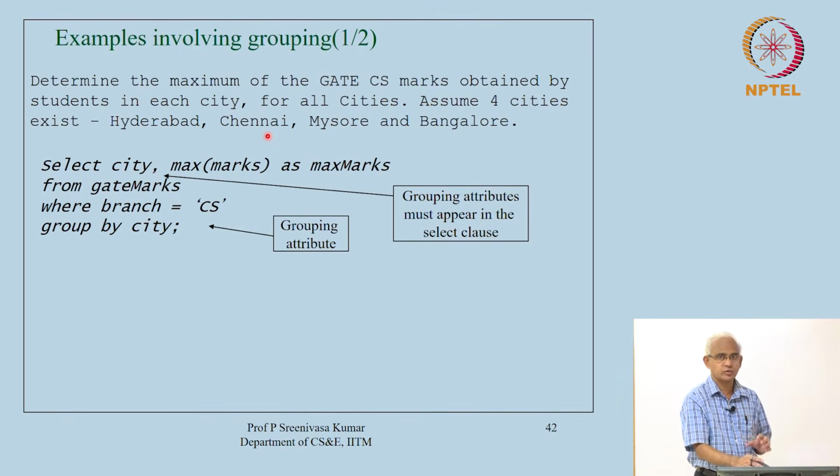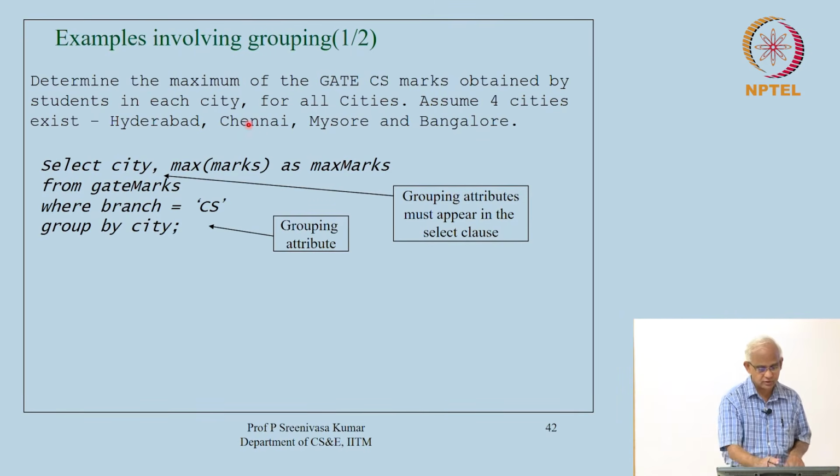So, the 4 groups will be created. In this case there is only one grouping attribute, city. You may actually have more grouping attributes also. Let us say I have city and sex as a grouping pair of attributes. Then what we are asking for is to group the tuples as Hyderabad boys, Hyderabad girls, Chennai boys, Chennai girls, Mysore boys, Mysore girls, and like that.